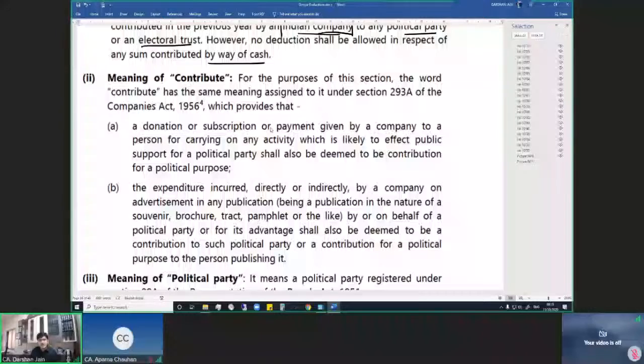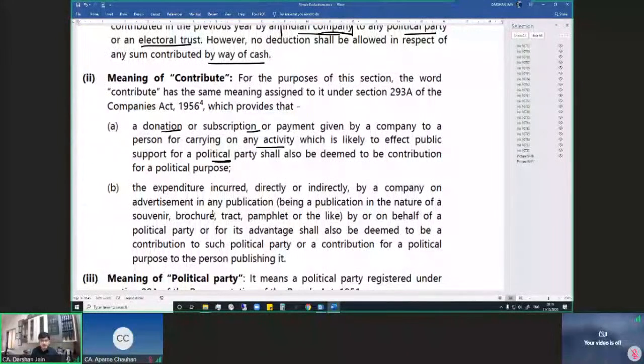Contribution would mean either you make a donation, you make a subscription, or a payment given by a company to a person for carrying on any activity which is likely to affect public support of a political party. It may not be a direct contribution to the political party itself. It could be a contribution to a political person who is likely to have an effect over the public support of the political party.